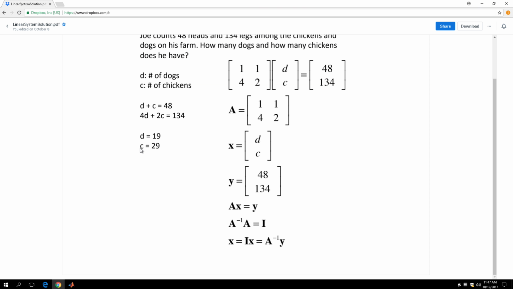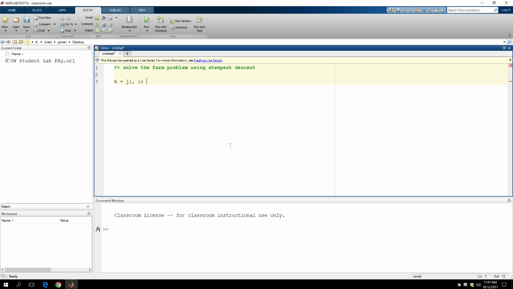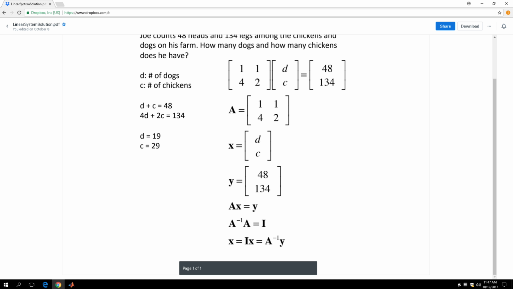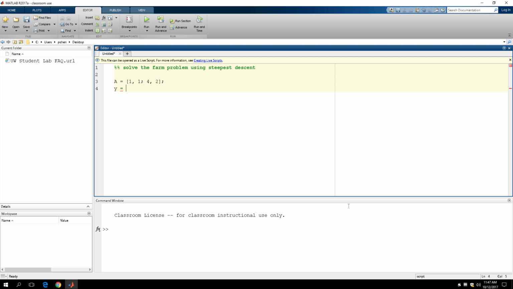The second row is 4 2, and then semicolon 4. And then Y vector. Y vector is 48 134. That's my Y vector.